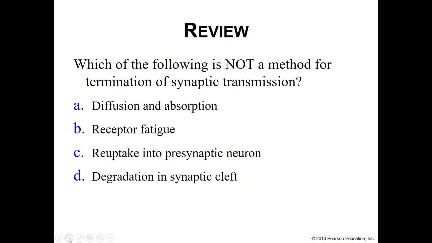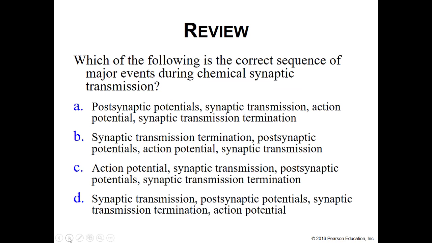Which of the following is not a method for termination of synaptic transmission? Receptor fatigue, that was not mentioned as one of the three mechanisms. Which of the following is the correct sequence of major events during chemical synaptic transmission?